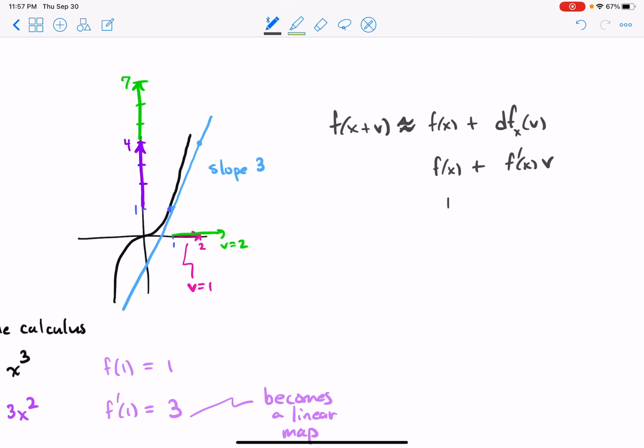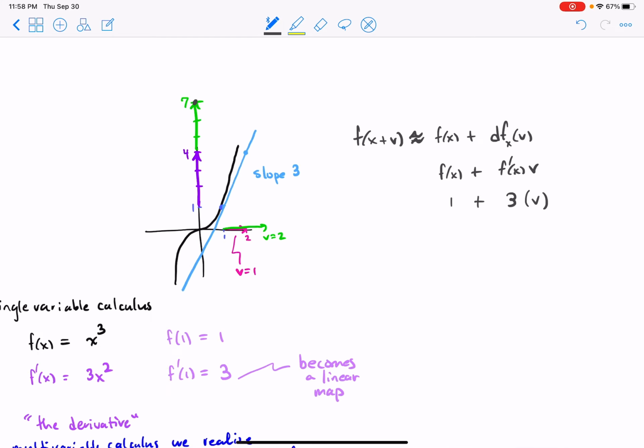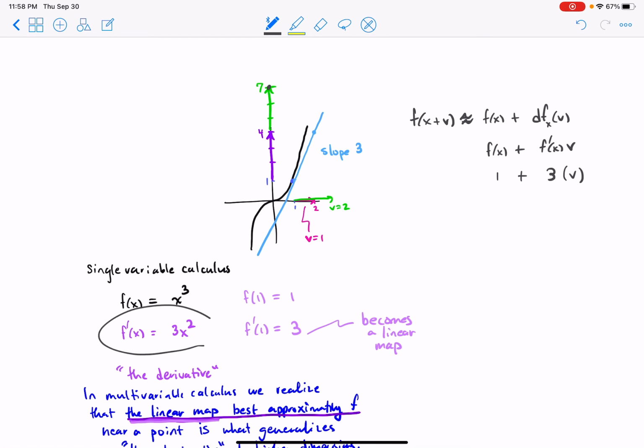And then we would get, 1 was our output, f of 1 was 1, plus 3 was our derivative, f prime of 1 was 3. When we plug in at the point 1, we get 3. And v is our movement. So if we move v equals 2, we get a 6 here, and we get 7, and that is where we are. And so really, what we used to call the derivative, we just need to plug in at a point, and now it becomes something that will be used in a linear map.